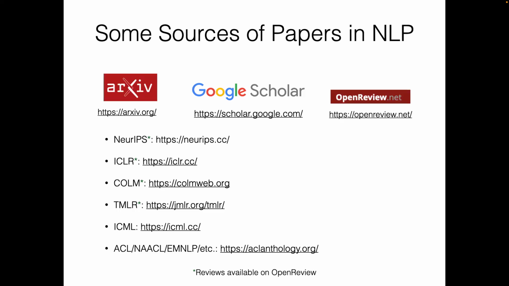Some people use Twitter or X to stay up to date on a particular area. It's kind of like the statistics stuff I was talking about. There's a lot of noise, but you can get some good signal as well, and it'll be very up to date.